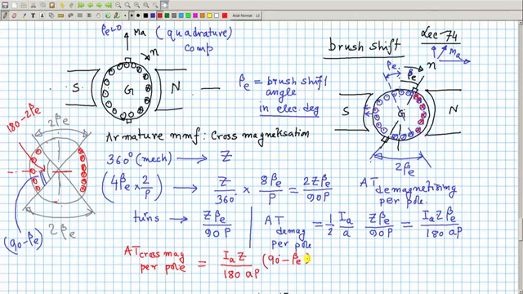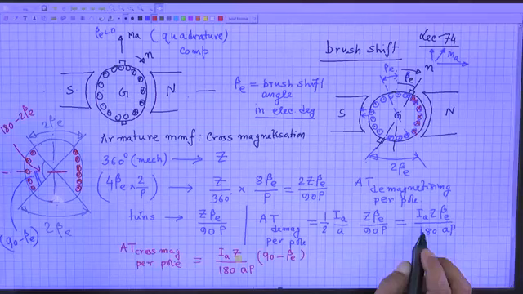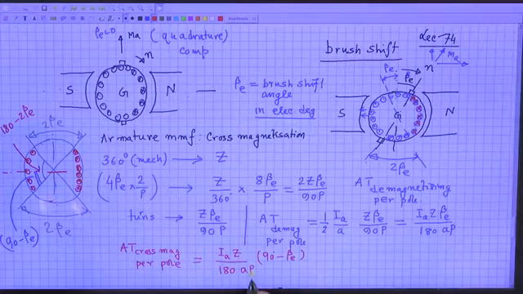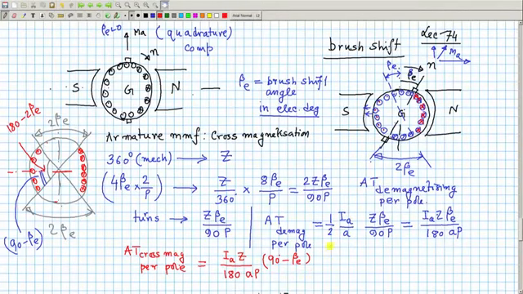If you add these two, so ampere conductors, if you add these two, then total ampere turns per pole will be how much? This plus this.